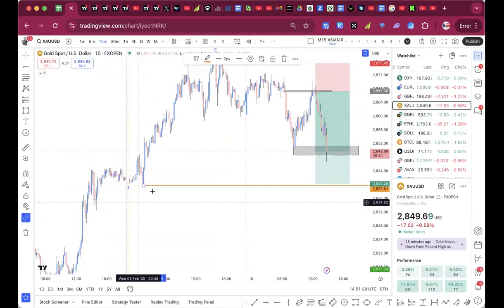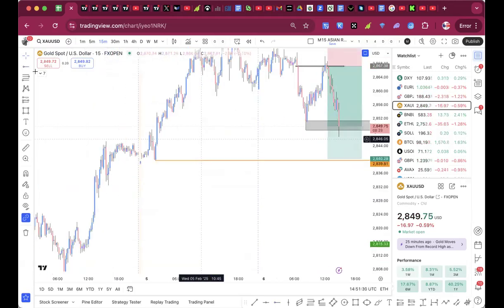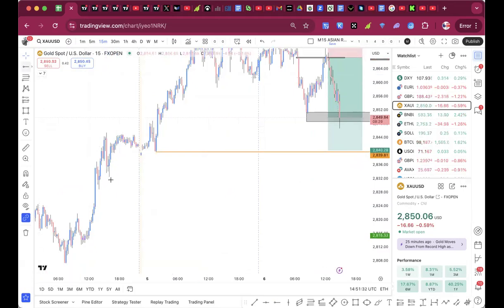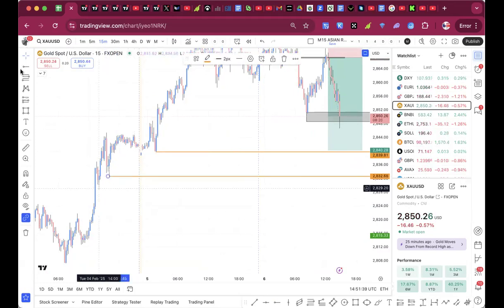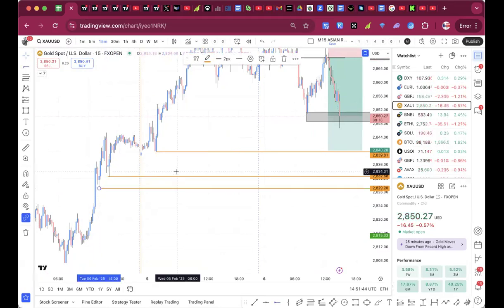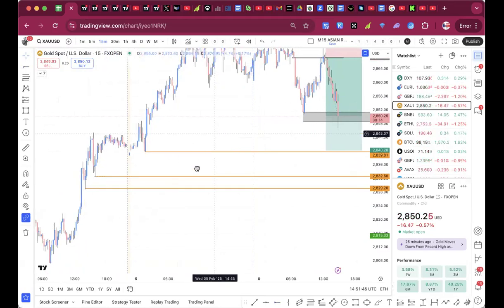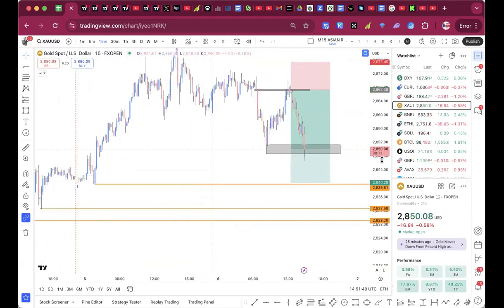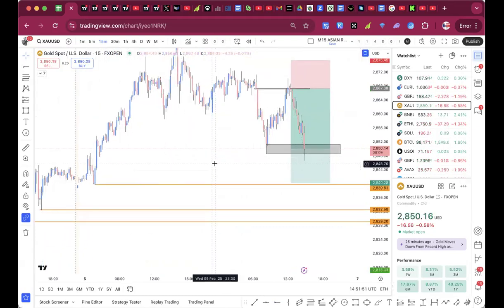We have another liquidity here, and we have another liquidity here. I'm sure somebody is learning something here, right? And another one here. All right, so the market is aggressively doing what it's doing. I'm sure you can watch this and learn from it.